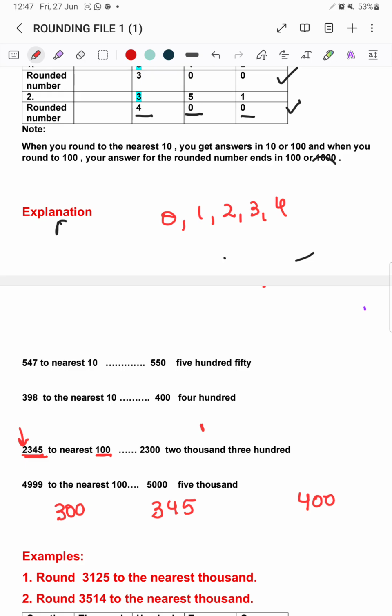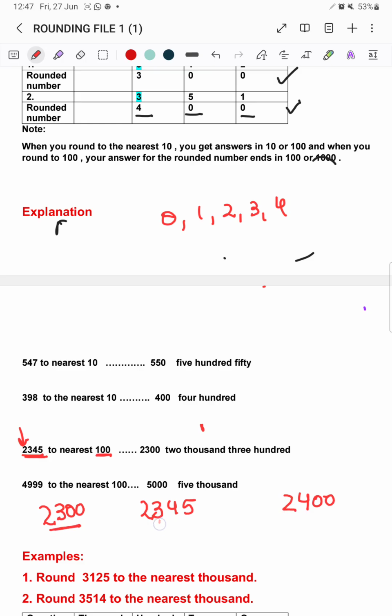So this is automatically clear to me because the question is in hundreds. We need to round it in hundreds. So that means the answer should be like 2100, 2200, something like that. So now it is 2345. It lies between 2300 and 2400.